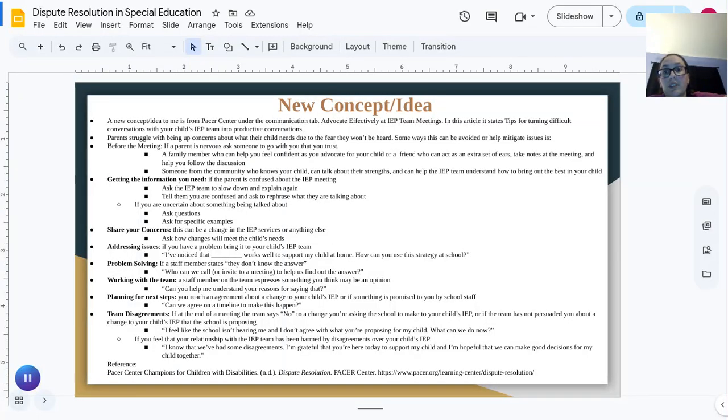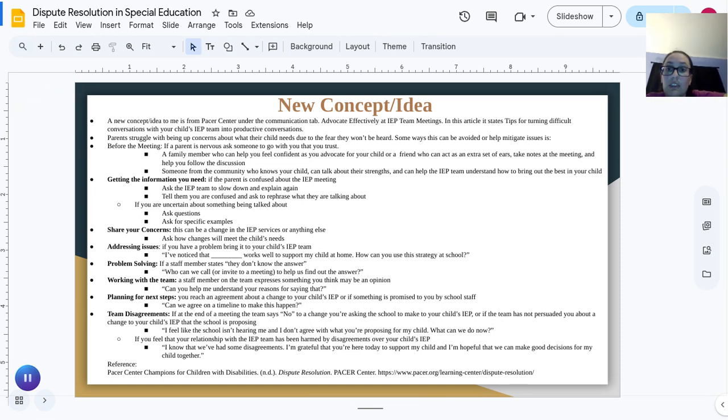Share your concerns, and ask if this can be changed in the IEP services or anything else. So, if a need is not being met for your child, ask if it can be changed. So ask how changes will meet the child's needs.